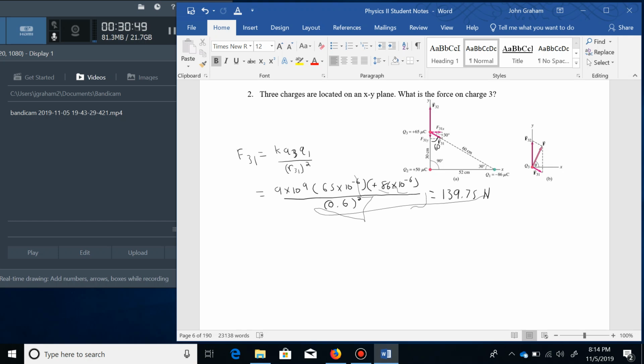Next, we're going to do the force from 3 and 2. And so it's still going to be K Q3 times Q2 over R32, again, that's being squared. Now, this K is still 9 times 10 to the 9th.